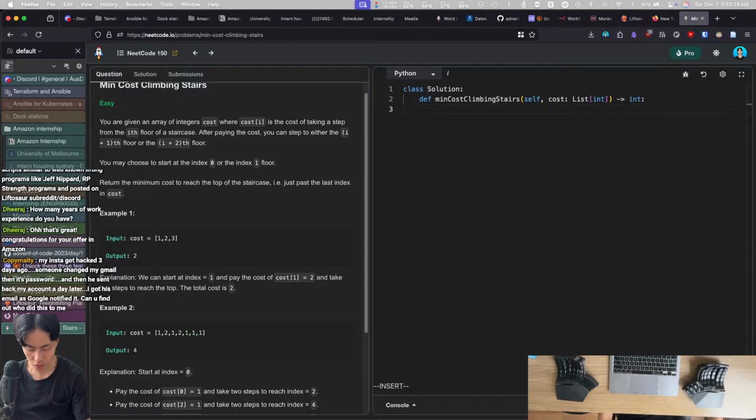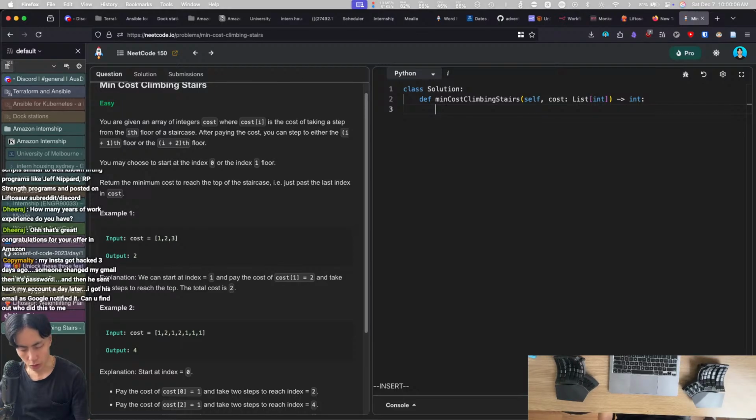But the question is, how would you do that from a dynamic programming perspective? You might have to start from the very end, or the top of the staircase, and -1 or -2. And then you know how much the cost is to get to that top position from that point.